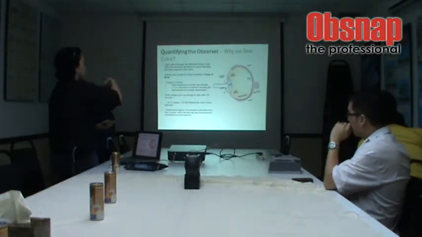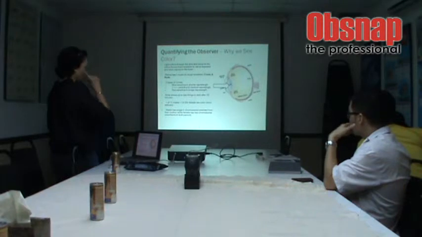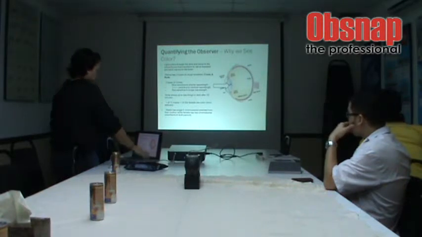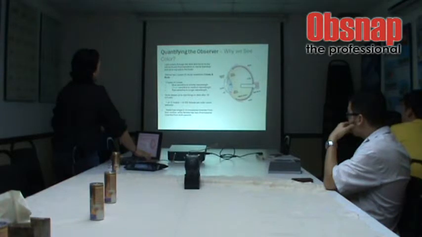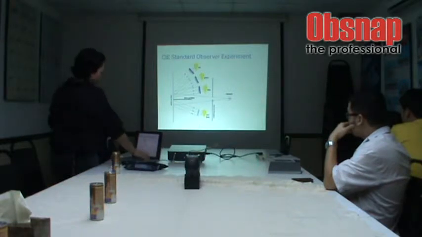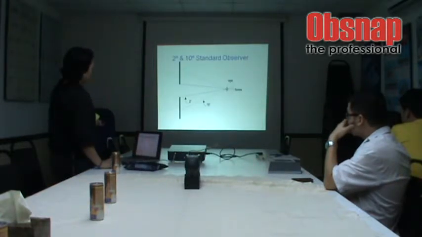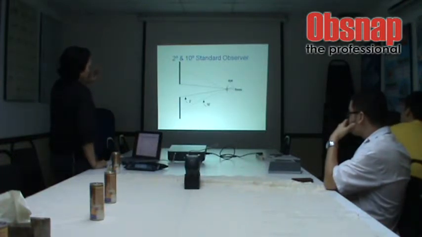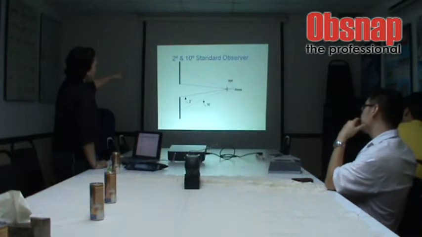So here the experience is working. However, the sample you are looking at really depends on the size. If you have a small sample and a big sample, your eyes also change the perception. So how does it look? This science, what they did, they measured the opening. When your eyes are looking at an object, we have what we call the 2-degree and 10-degree observer.